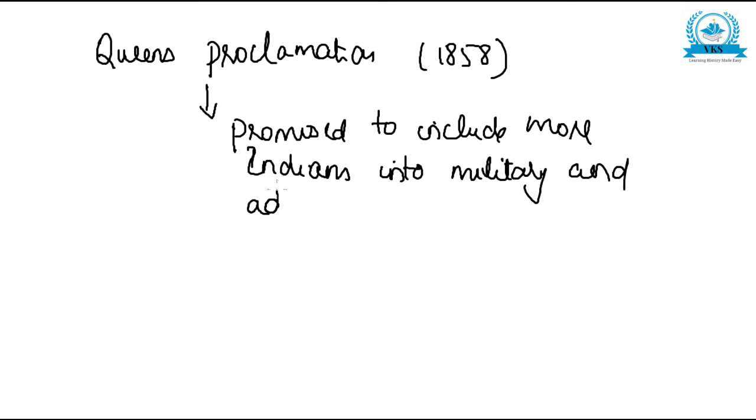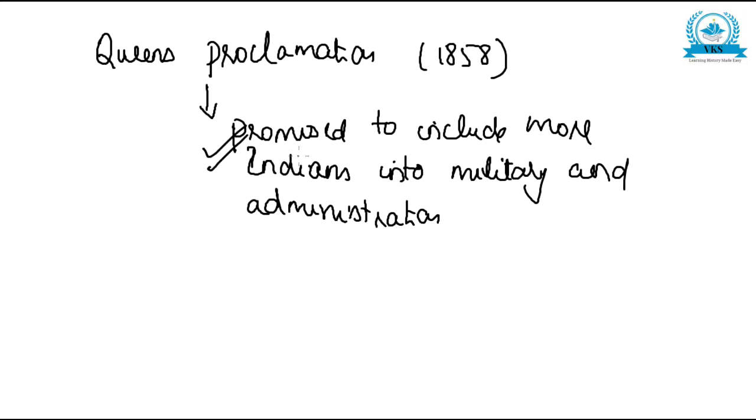This proclamation was there, but even so it was not easy for Indians to get those positions. It was made very difficult. All the promise was made, but the actual thing was made very difficult.